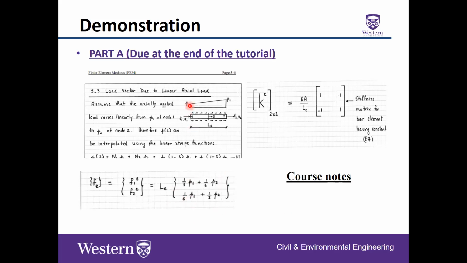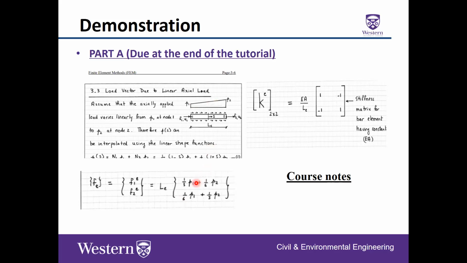So what if P1 equals P2? If P1 equals P2, that means it's a uniformly distributed load within the element, and that means that, logically, without even looking at the equation, half of the load will go to the first joint, and the second half will go to the other joint.